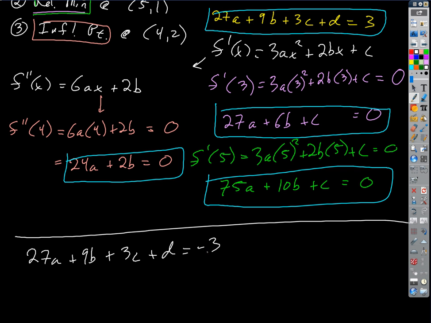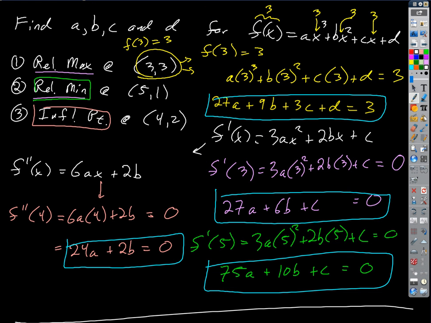I realize that our original equations were written in terms of the independent variable x, but really our goal is to find the values of the coefficients, right? So we've come up with 4 equations in the 4 unknowns a, b, c, and d, right? Now these are linear equations because the a's and the b's and the c's and the d's are by themselves and they're not taken to any power, right?